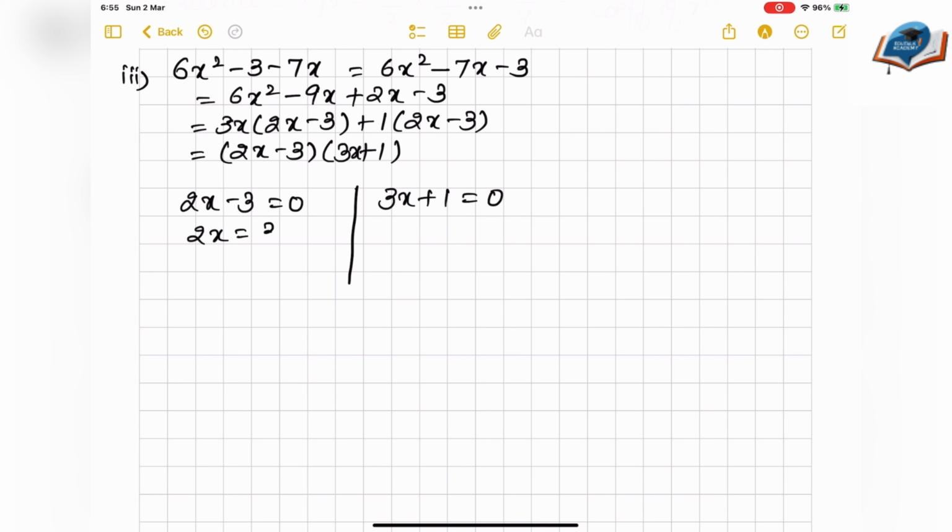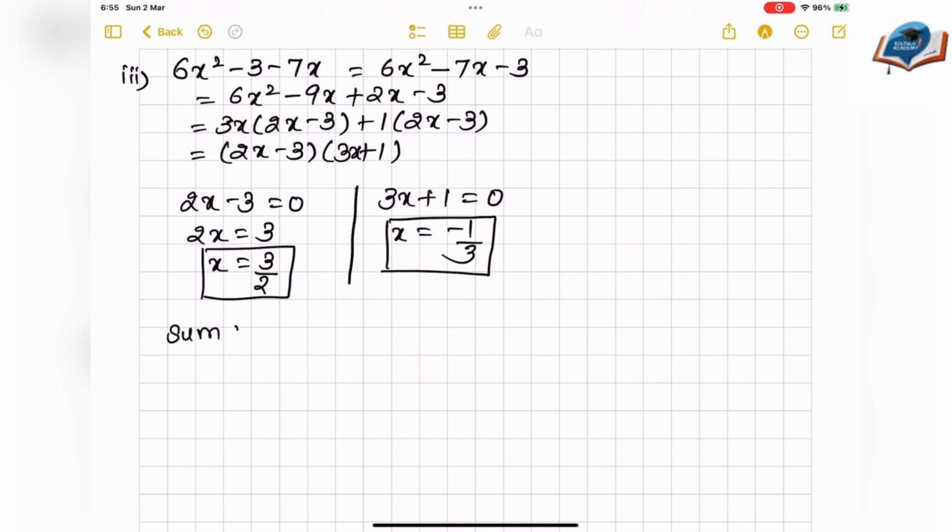So either 2x equal to 3, so that is x equal to 3 by 2, or x equal to minus 1 by 3. So these two are the zeros, so sum of zeros will be alpha plus beta, that is 3 by 2 plus minus 1 by 3.